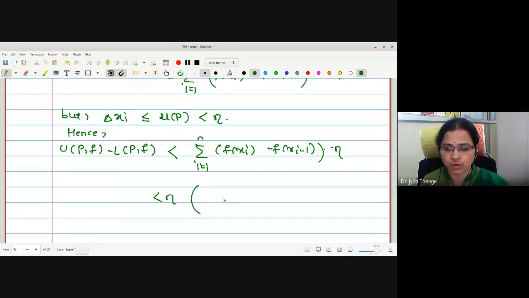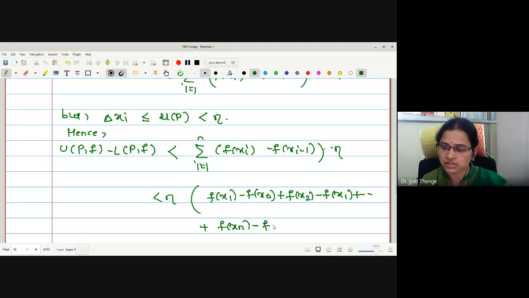If I run the sum over i, what is the first term? f of x1 minus f of x0. For i equals 2, f of x2 minus f of x1. And continue this. For i equals n, this is f of xn minus f of xn minus 1.